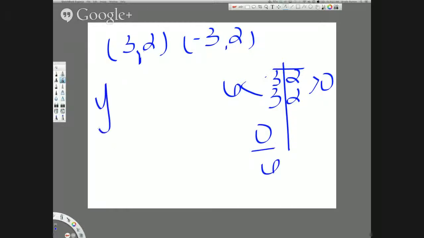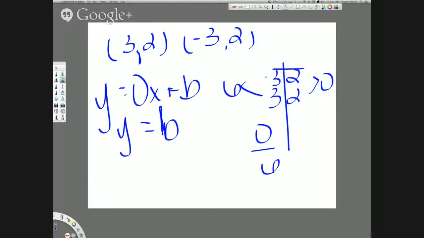So I have y equals 0x plus b. Well, 0 times x is just 0, and 0 plus b is just b. So I have y equals b. Okay? Then I can choose one of these points, either one of them, to plug in.